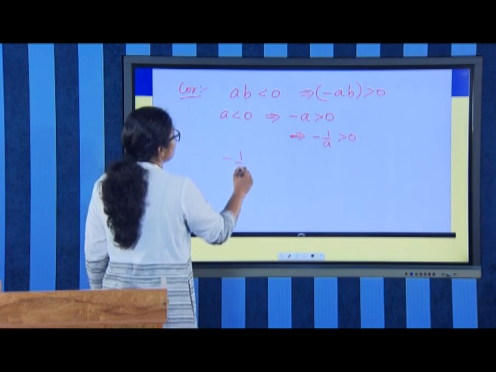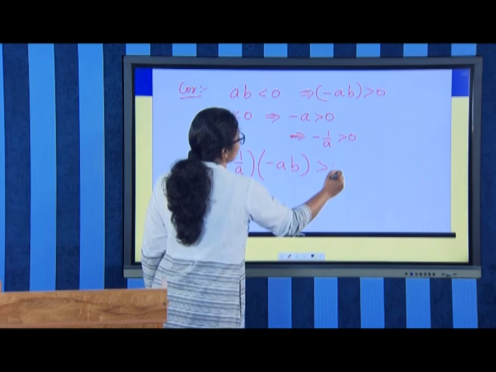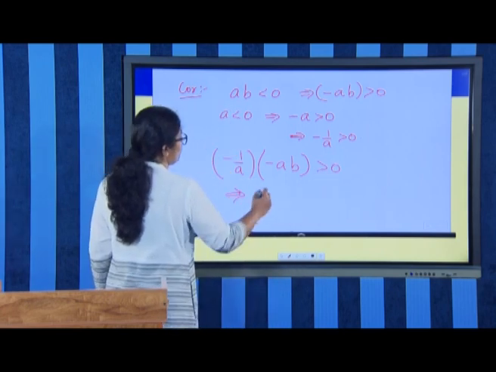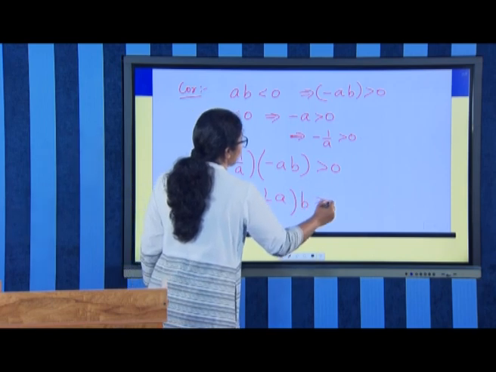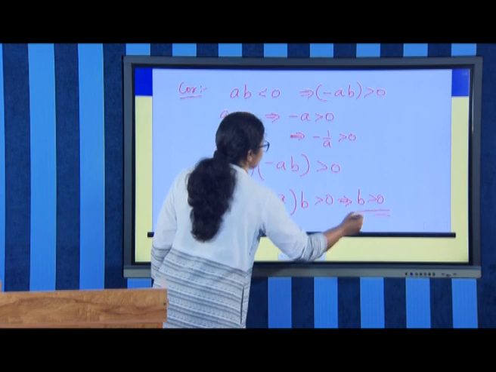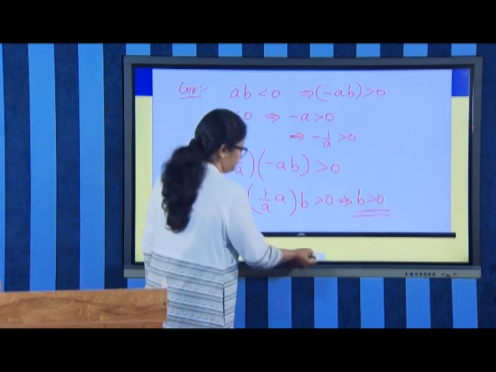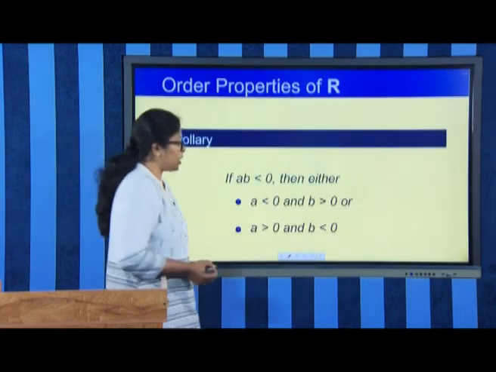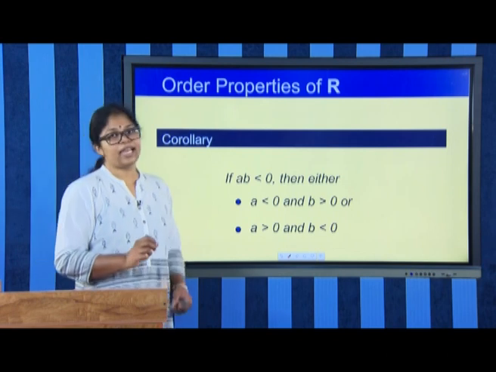So, negative 1 by A into negative AB is positive now, which shows that 1 by A into B is greater than 0, which shows that B is greater than 0. So, that is exactly similar to the proof that we have already done. Similarly, we can show that if A is greater than 0, B is less than 0.